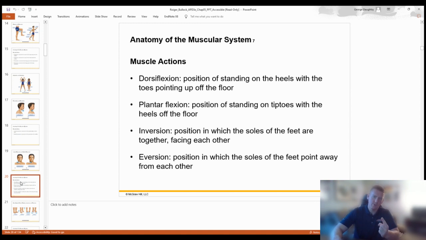If I dorsiflexed, I flexed in the direction of the dorsal side of the foot, so I have flexed the ankle upwards, toward my shin. If I plantar flexed, I flexed in the direction of the plantar side, so I did a calf raise. I moved the foot downward. So know the difference between dorsiflexion and plantar flexion.